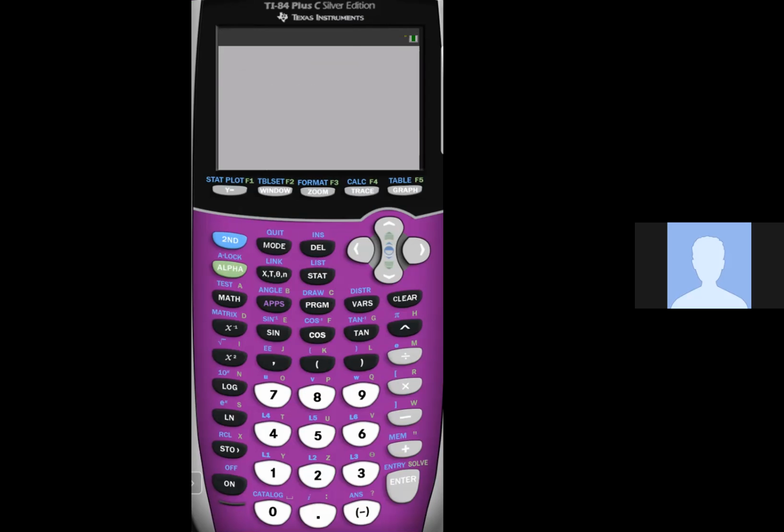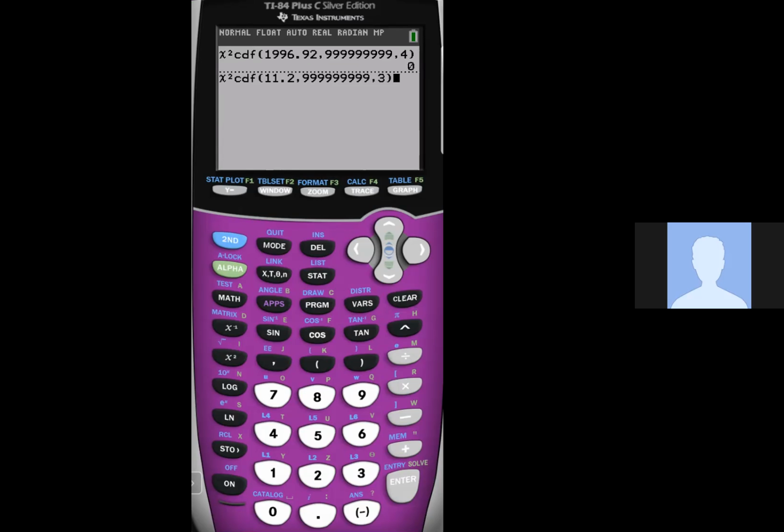And if we are just trying to find a p-value using the chi-square distribution, we can do second var, go to chi-square CDF, and then 11.2, and infinity, and degree of freedom is 3.